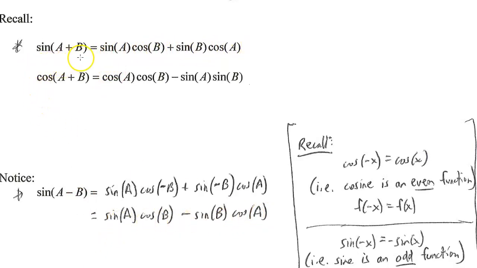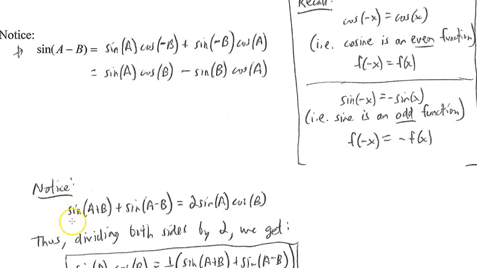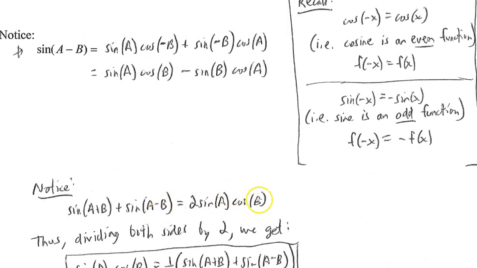Notice when we add them, we have a sine b cosine a and also a minus sine b cosine a, so those things add to 0 and go away. Here we have a sine a cosine b plus a sine a cosine b, which gives us 2 sine a cosine b. So sine of a plus b plus sine of a minus b equals 2 sine of a cosine of b.